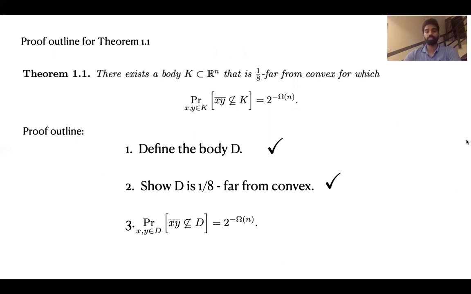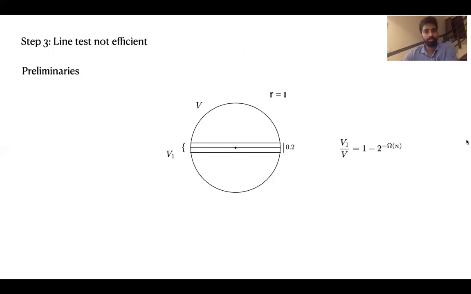All we are left to prove is to show that if you take any 2 points, the line lies inside the body with almost probability 1, that it goes outside with negligible probability. For that, again, you need another fact from convex geometry, which says if you take a ball of radius 1 and let V1 be the volume of the part of the body which is within a distance of 0.1 from the equator, then the volume V1 versus V, the total volume of the ball, is almost 1.